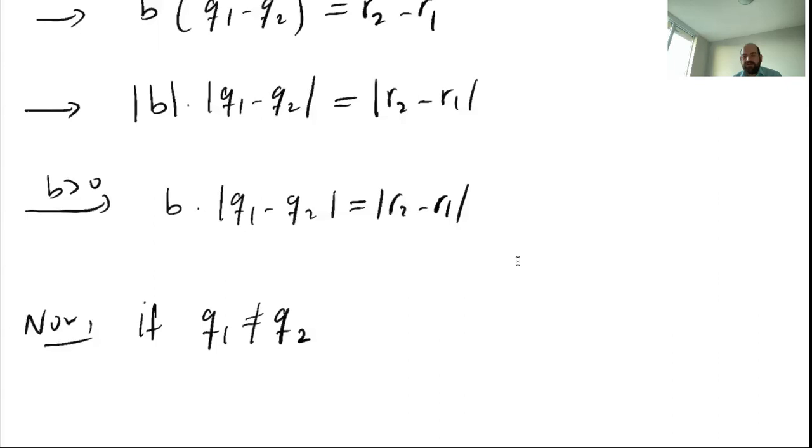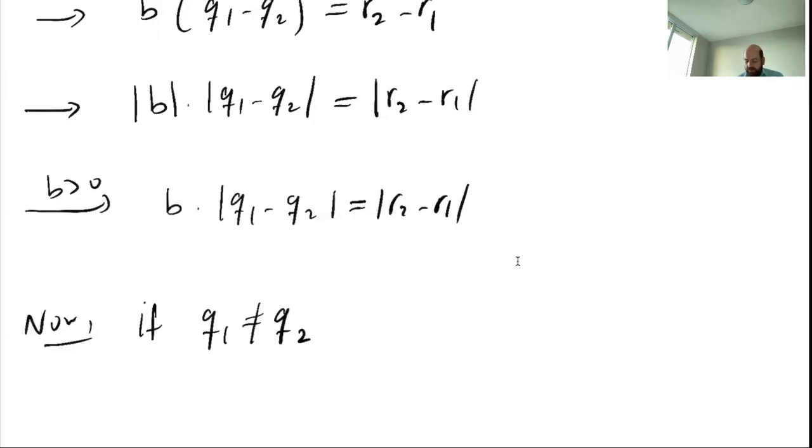The absolute value of a non-zero integer will be at least 1, as we also saw in another example today. Integers means 0, 1, 2, 3, minus 1, minus 2, minus 3. If it's non-zero, it means either 1, 2, 3, minus 1, minus 2, minus 3. So in absolute value, you have a number which is at least 1.